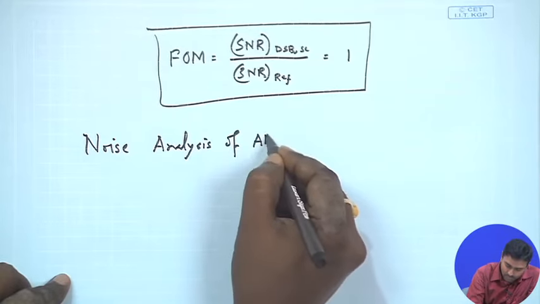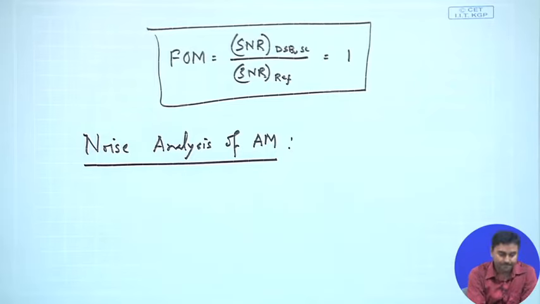of amplitude modulation. The process will be the same. The process must have a baseband equivalent transmission, which we have already seen, and there should be a modulation.